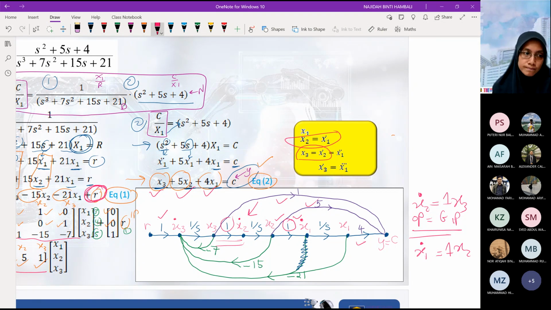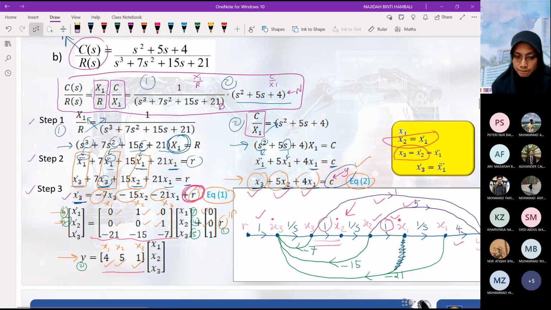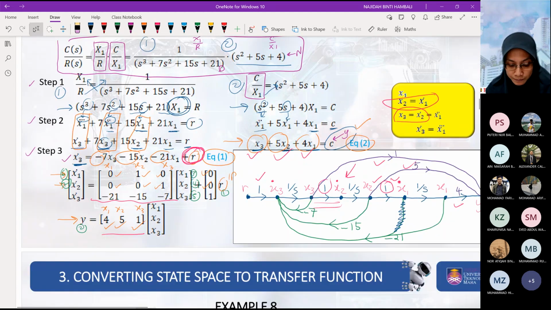Ada soalan? This is the complete signal flow graph for example 7b, where you have both polynomial function at numerator and denominator. Ada soalan? Tak ada? Kalau tak ada soalan, saya move ke next slide boleh? Thank you, Kelvin.